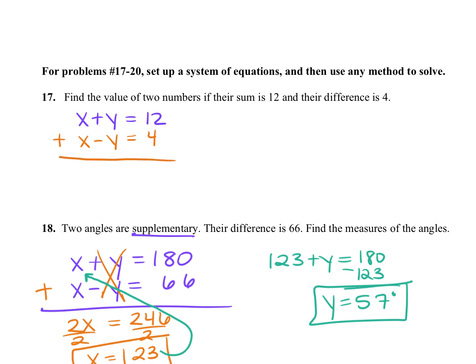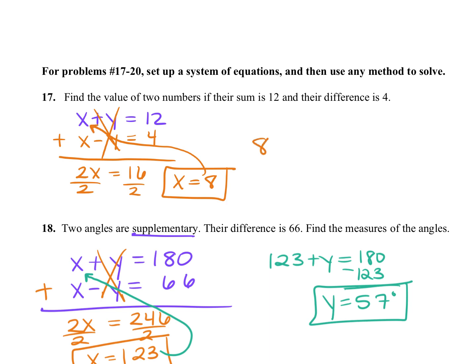Elimination, right? Add them together, you get 2x, that's 0, equals 16, divide by 2. So x is 8. And if x is 8, plug it back here, 8 plus y should equal 12. So take away the 8, and that'll make your y value 4.